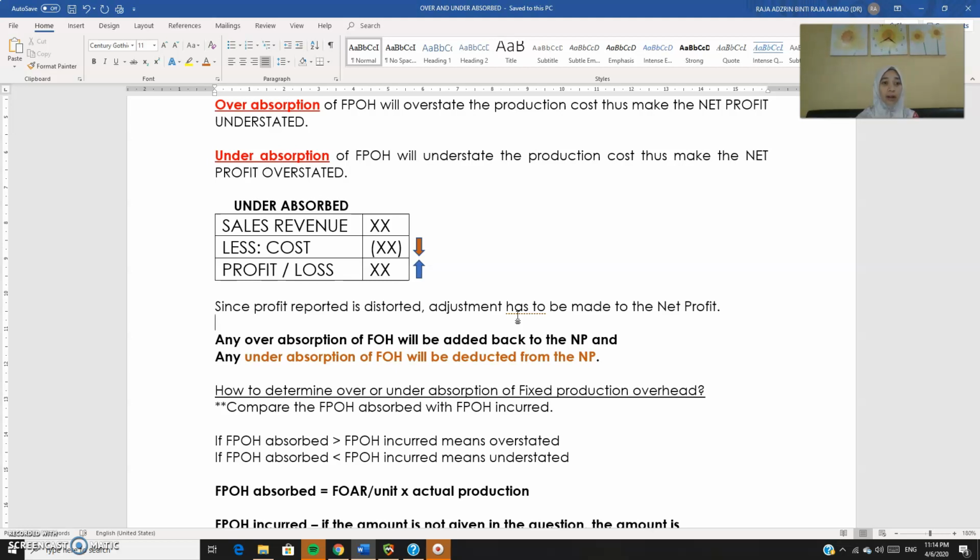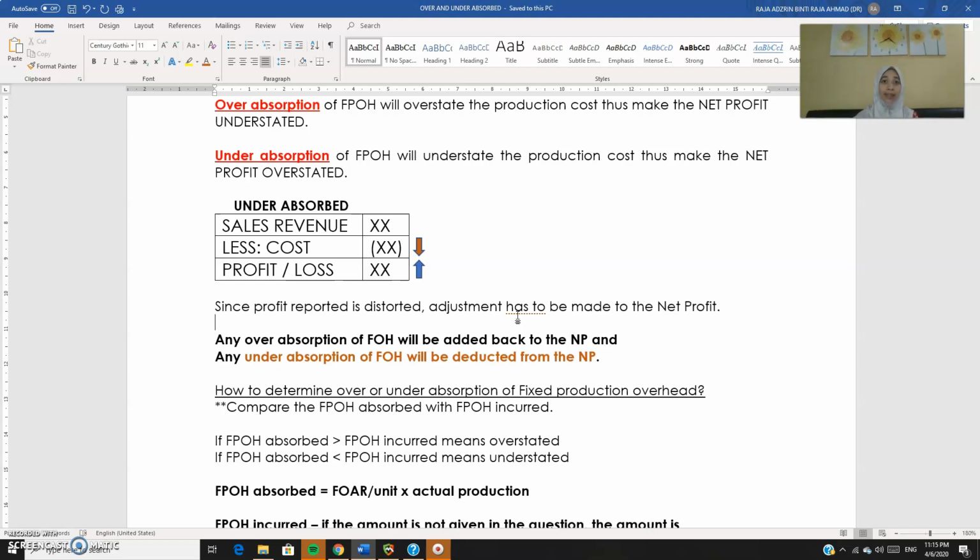So under absorption: let's say I incur a fixed production cost of 10. How much do I need to transfer to the customers or absorb into my product? Of course, if I incur 10, I need to pass on 10 to the customers, or absorb 10 into the product.